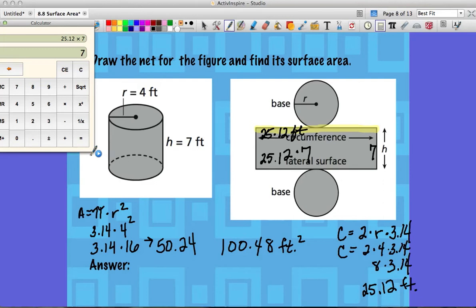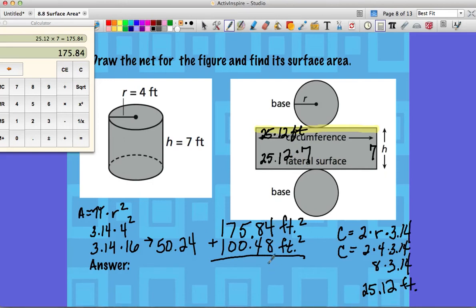So we're going to take 25 and 12 hundredths times 7, and that's going to give us 175 and 84 hundredths feet squared. Okay, then we add these two together because you're adding the area of the two bases plus the area of the label.